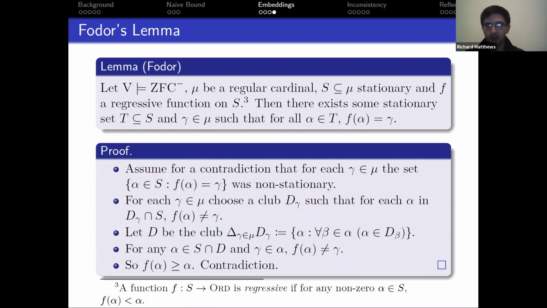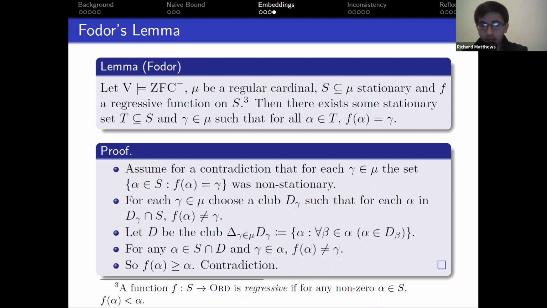And then if you just take D to be the diagonal intersection of these clubs, you can prove that this is a club again. So for any alpha in S intersected with D and gamma in alpha, F of alpha is not equal to gamma, which means that F of alpha is greater or equal to alpha, which is a contradiction. So it's worth pointing out, this is just the standard proof of Fodor's lemma. The only thing was we had to be able to choose our clubs D gamma, which is why we needed this trick from earlier.